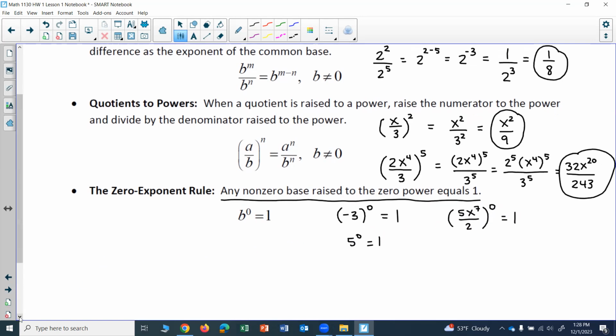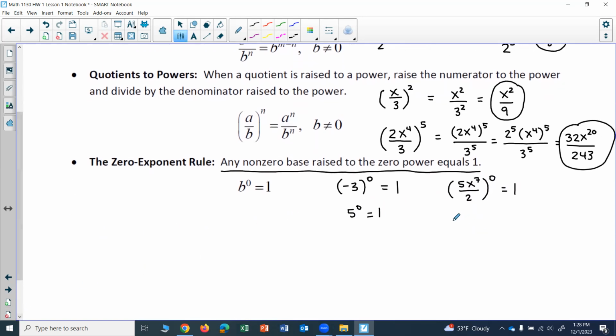Where it gets a little more complicated is if you have a coefficient out front. So let's say I had -2 and then parentheses 5x, close the parentheses, raised to the 0 power. So here only the 5x is raised to the 0 power. The -2 is not.